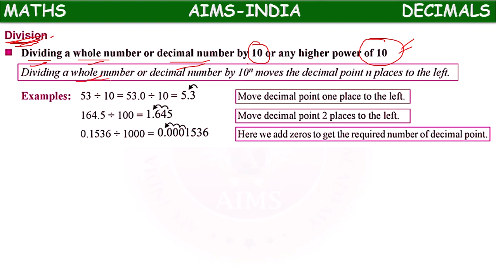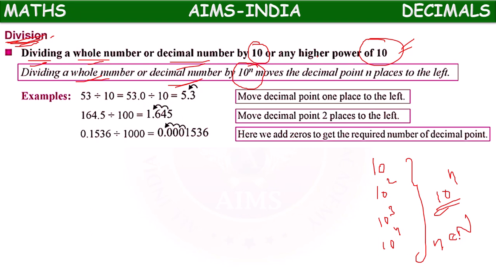So, dividing a whole number or decimal number by 10 or 10 square or 10 cube, or let's take one common term, 10 power n, where n is a natural number. So n values you can take from 1, 2, 3, 4 and so on. Means we are dividing a whole number or decimal number by 10 power n.